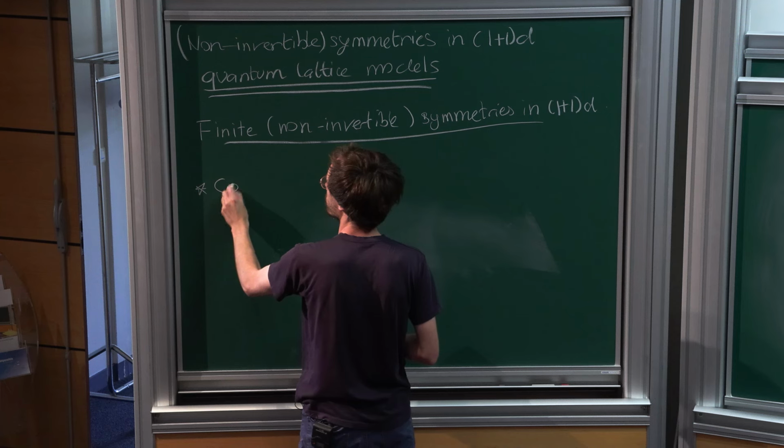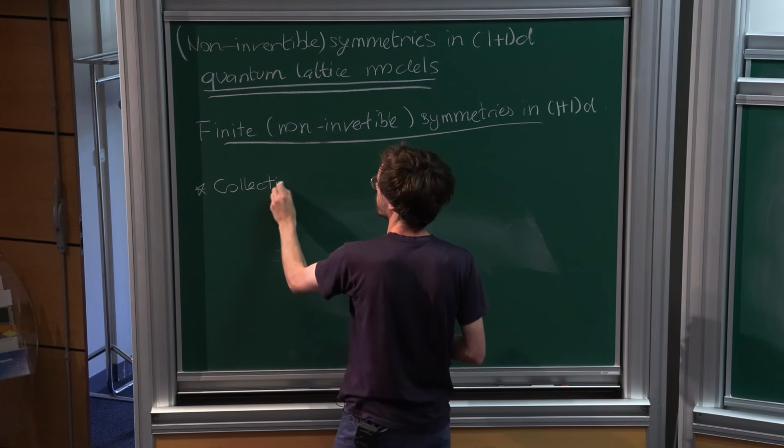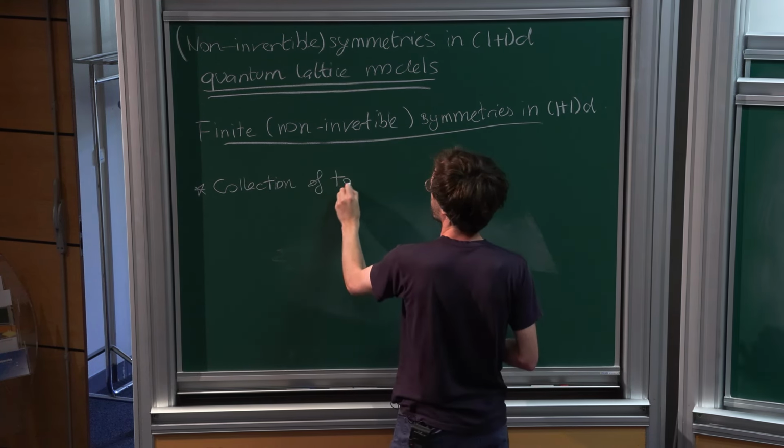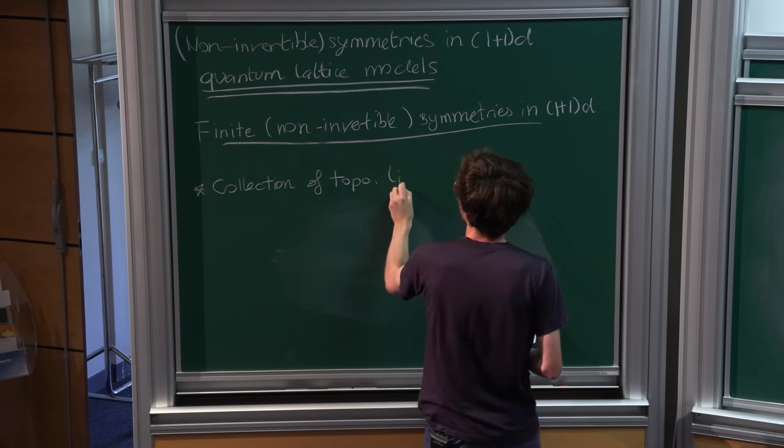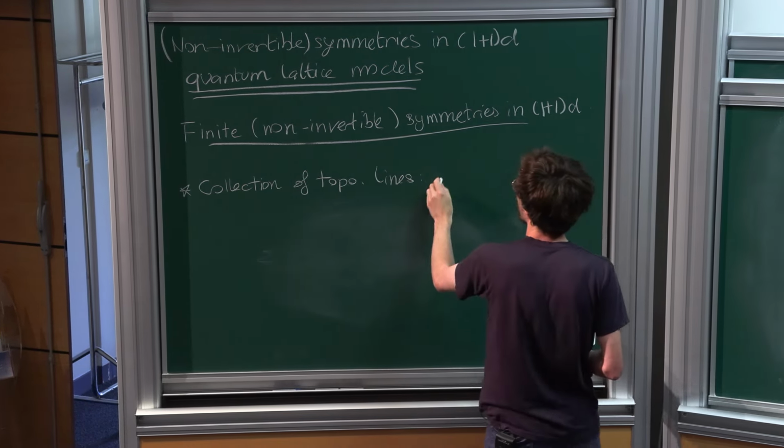So the collection of topological lines is going to be given by a fusion category.